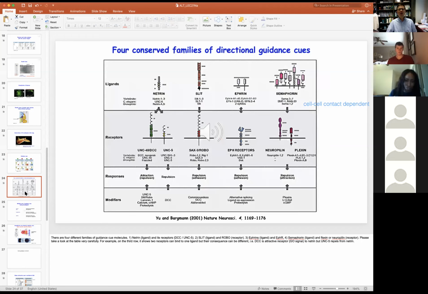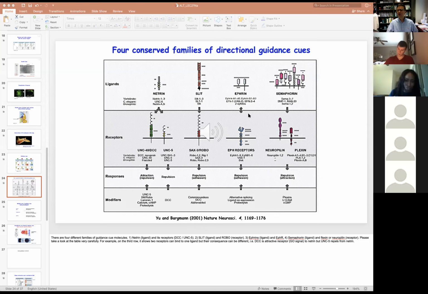Okay, so look at this. This table I copied from a 2001 paper, and I think we don't really have any addition here so far. So this is still basic. These are the cues that they found.